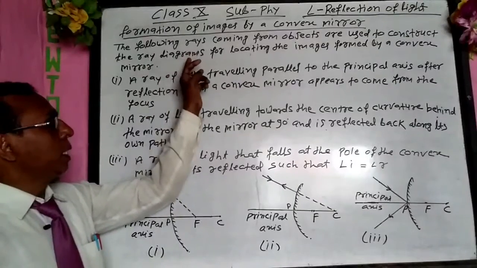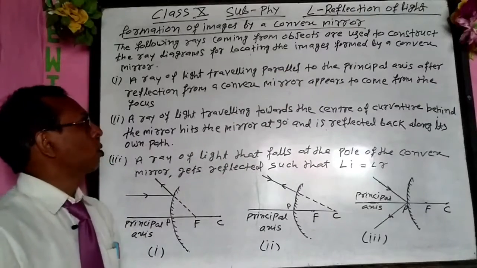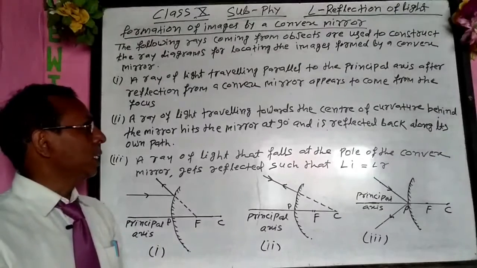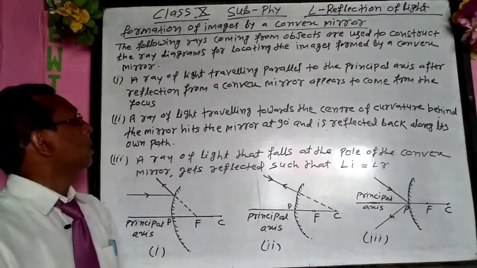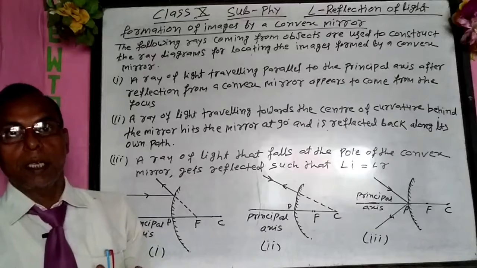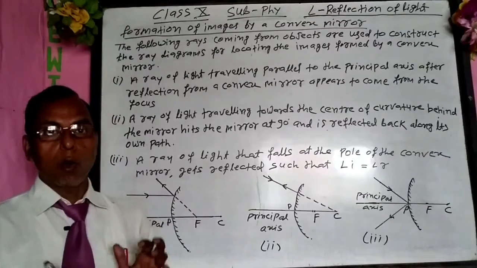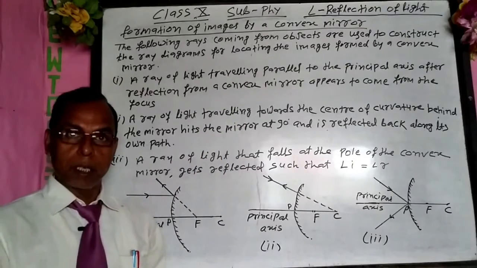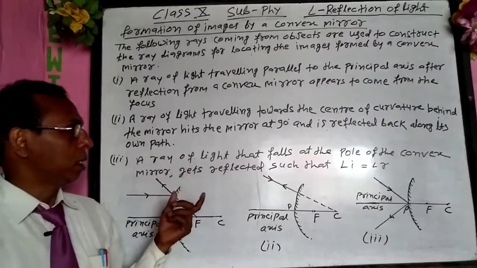The following rays coming from objects are used to construct the ray diagrams for locating the images formed by a convex mirror. I am going to tell about it.